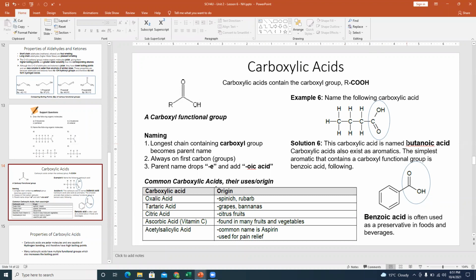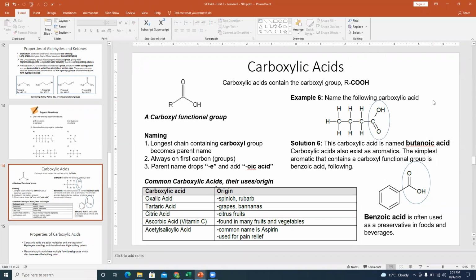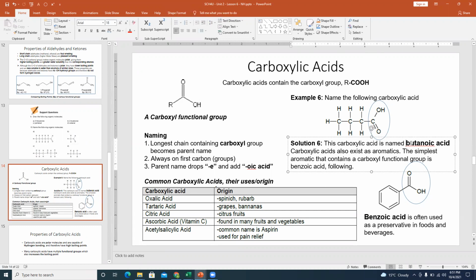So we know that we have to have but-. And this would normally be a butane. But because of the presence of this carboxylic group, we drop the E and we add the ending oic acid. So it becomes butanoic acid.